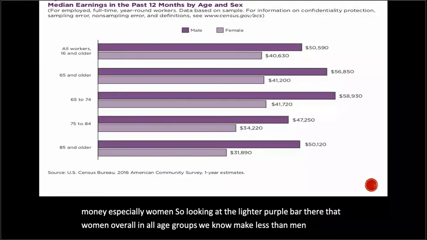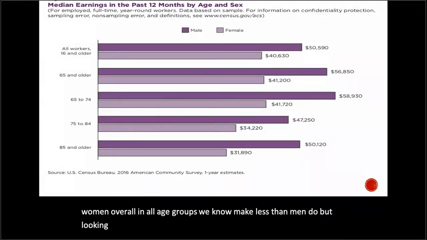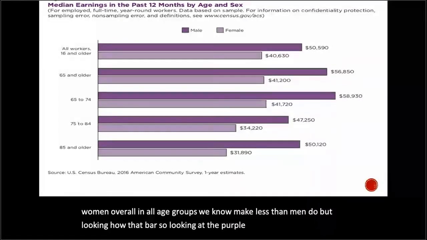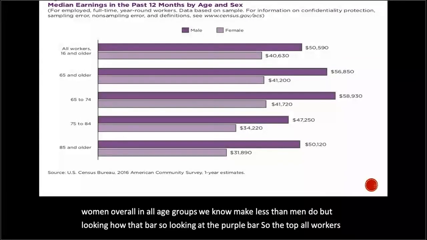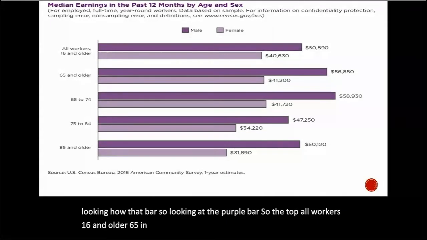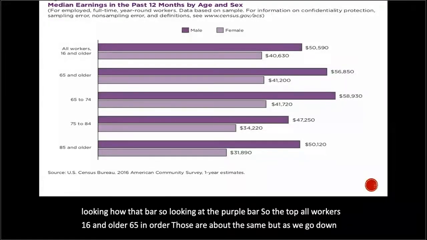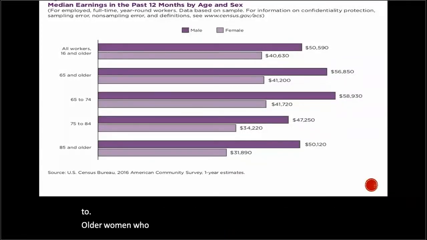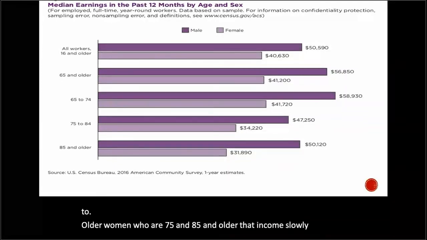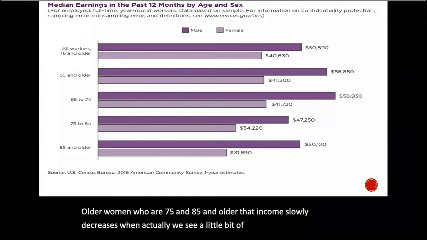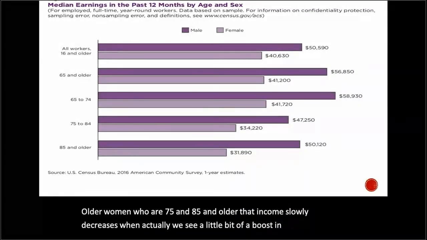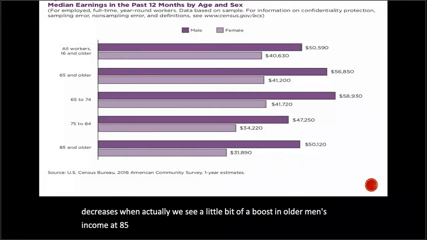But looking at the purple bar at the top, all workers 16 and older, 65 and older, those are about the same. But as we go down to older women who are 75 and 85 and older, that income slowly decreases, when actually we see a little bit of a boost in older men's income at 85 and older, even compared to 75 to 84.